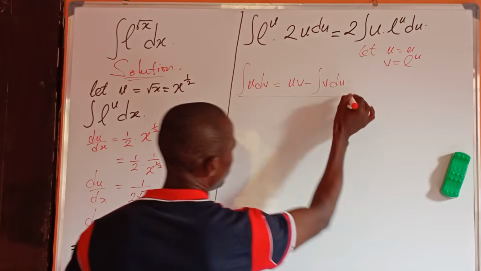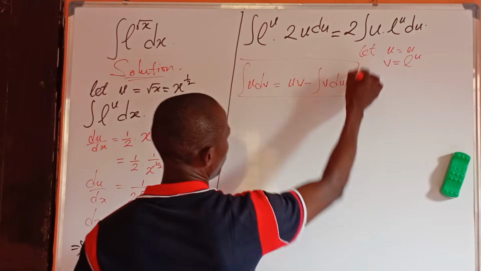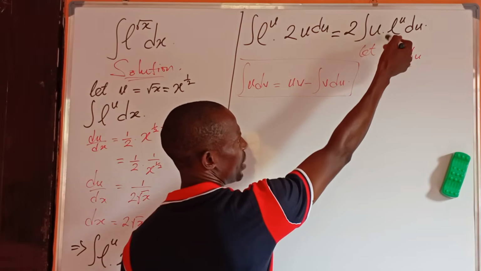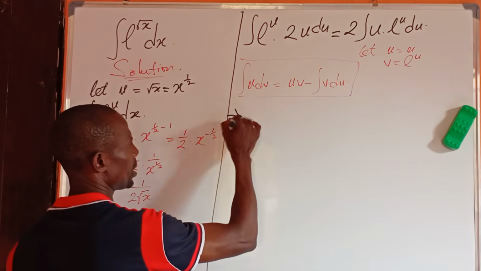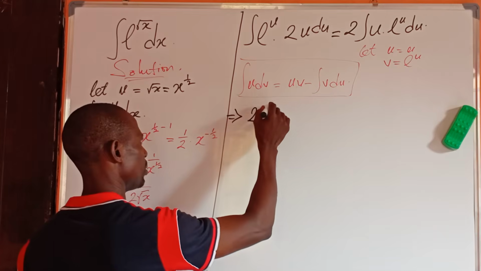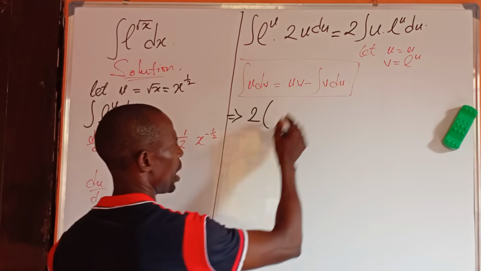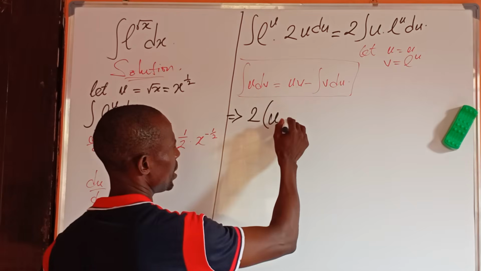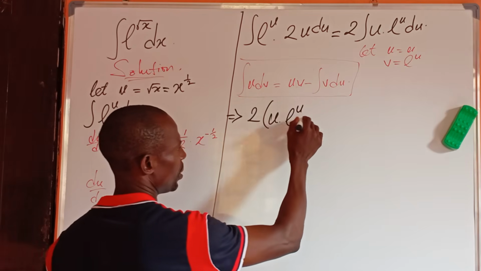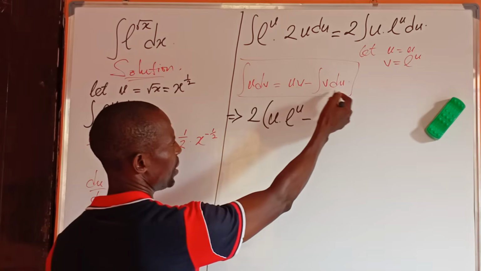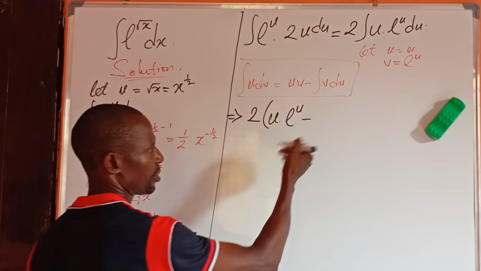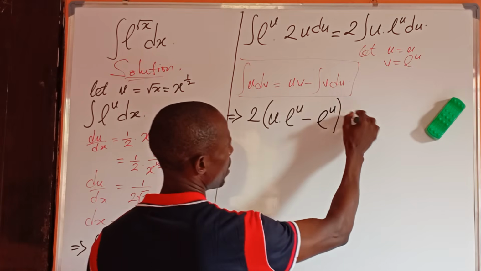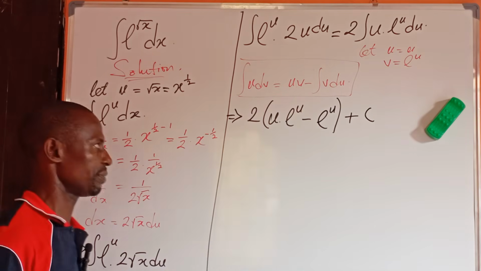So if we apply this, we integrate this expression. This now implies 2, then bracket open. What is our u? u is u, times v, which is e raised to the power of u, then minus the integral of v du, which gives e raised to the power of u, close bracket, plus c, the constant of integration.